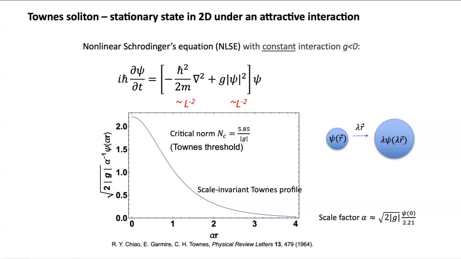And another very interesting thing is that since it has the same scaling in the kinetic energy term and the interaction energy term, this is a so-called scale invariant equation, meaning that if you can find a Townes soliton at a certain length, and you change the size of the soliton by a factor of lambda, all you need to do is scale the amplitude of the wave by the same factor, and you will find exactly the same solution.